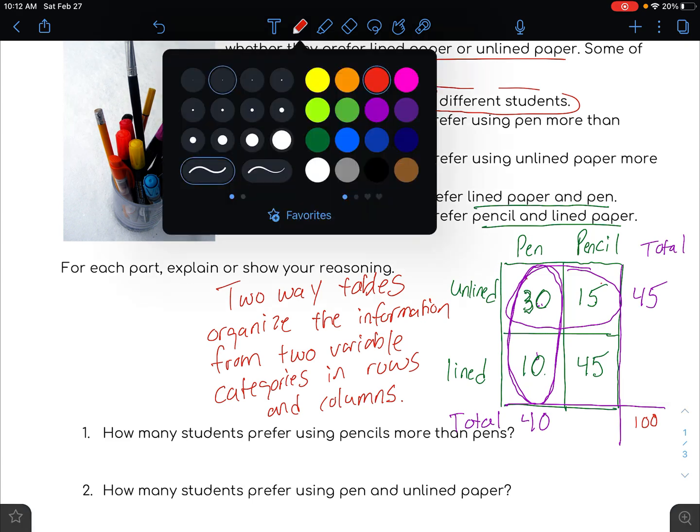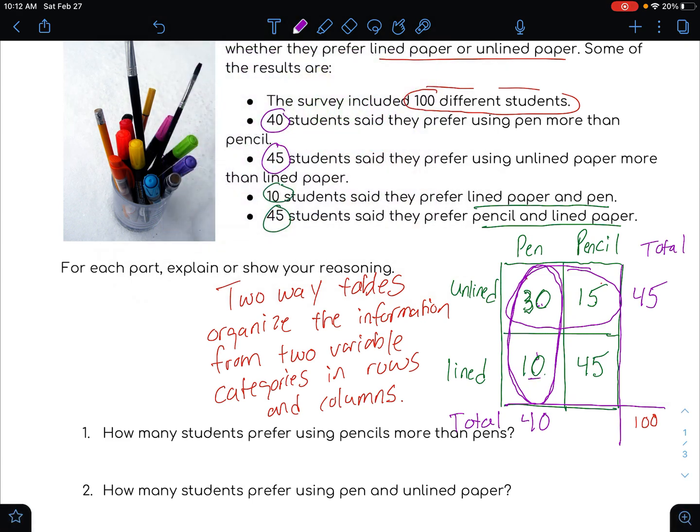So if I tally up my total for lined paper, 10 plus 45, it's going to give me 55 here. And again, notice 45 plus 55 is 100, so that totals up to 100 there for 45 unlined and 55 lined. And then if we look down at the bottom, we could come up with the total for how many pencil preferring students we have. 15 plus 45 gives us 60. And again, 40 plus 60 does give us 100.